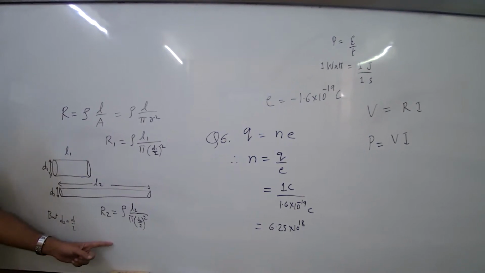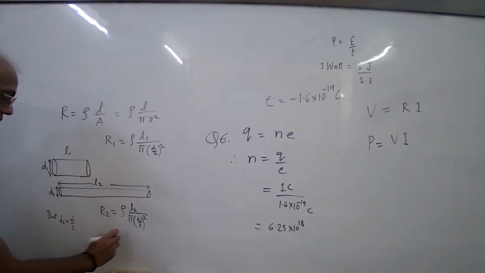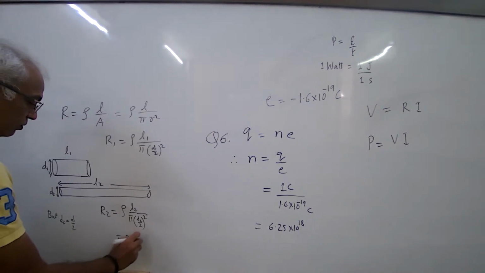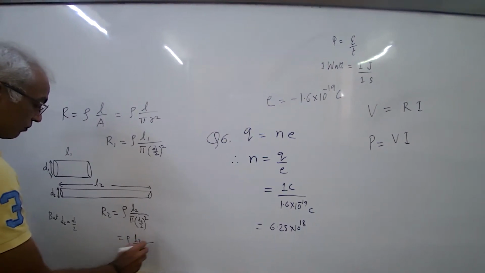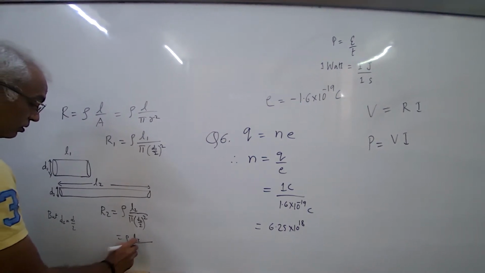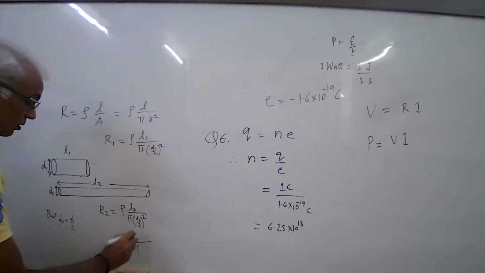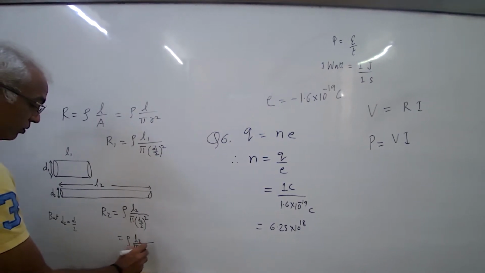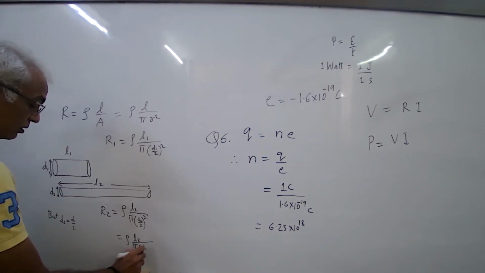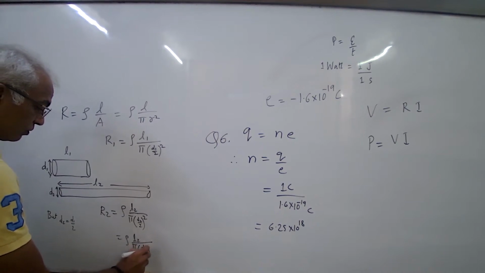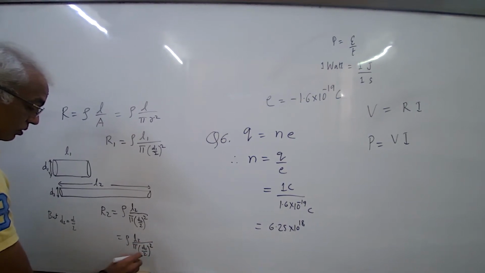So you substitute D2 here. So you have L2 upon pi, D1 by 2, so it will be D1 by 4 square.